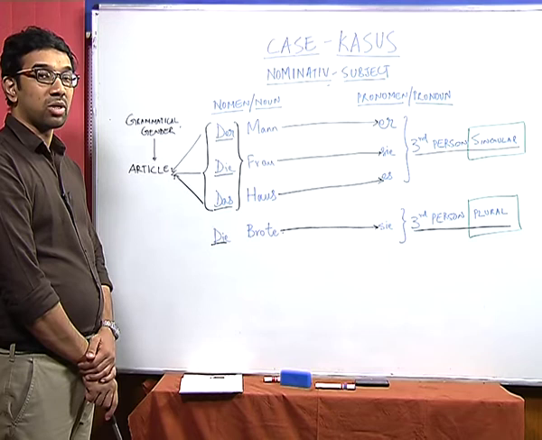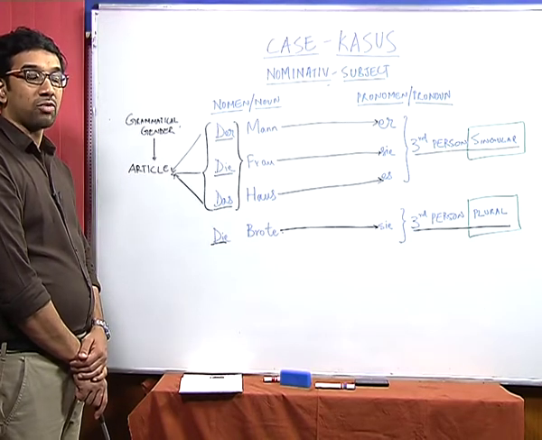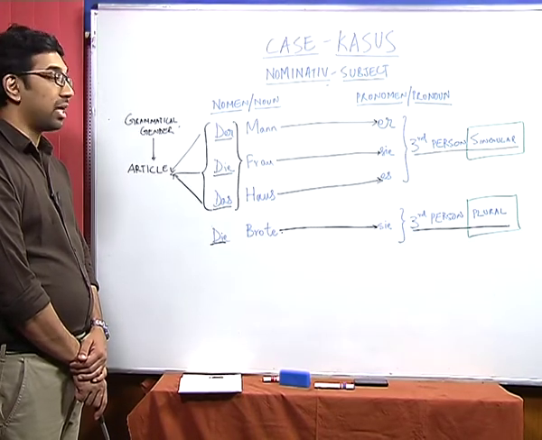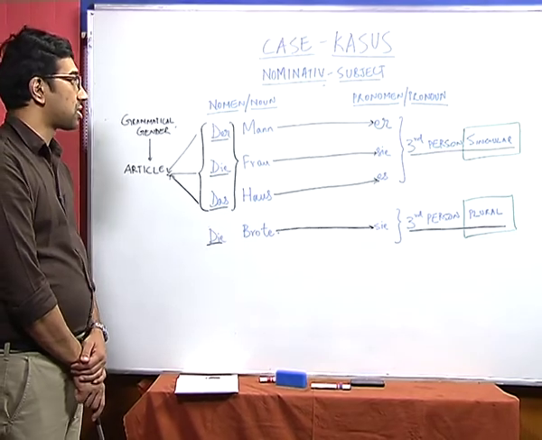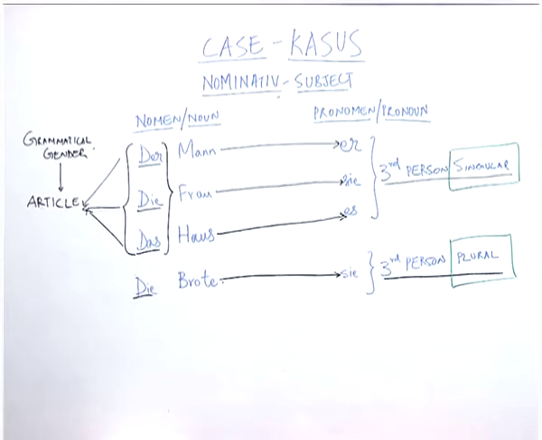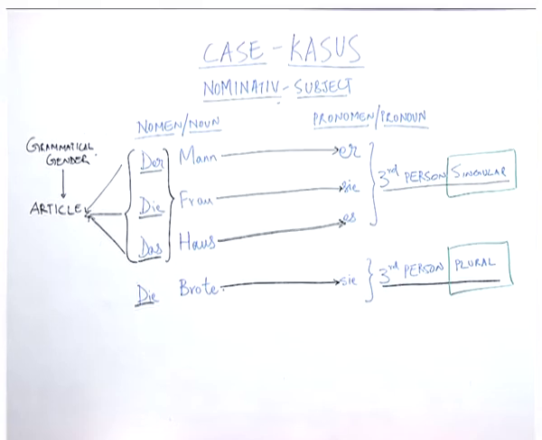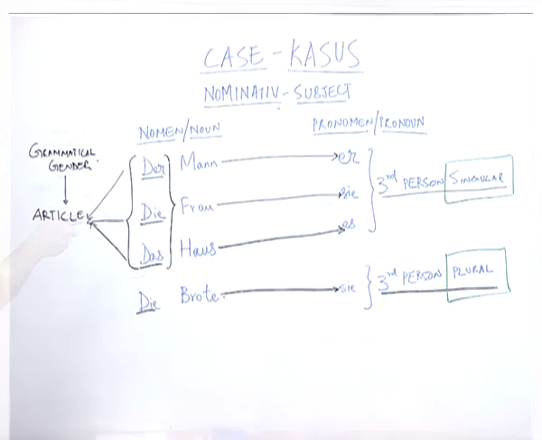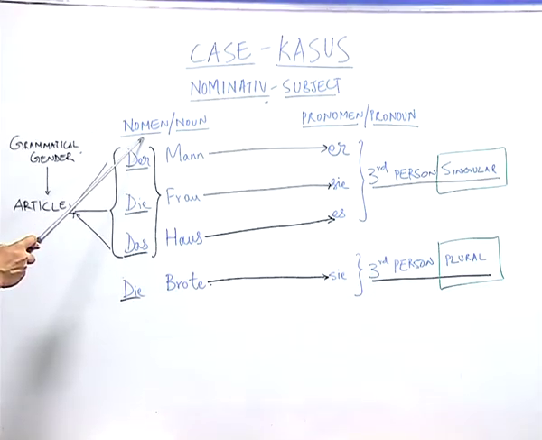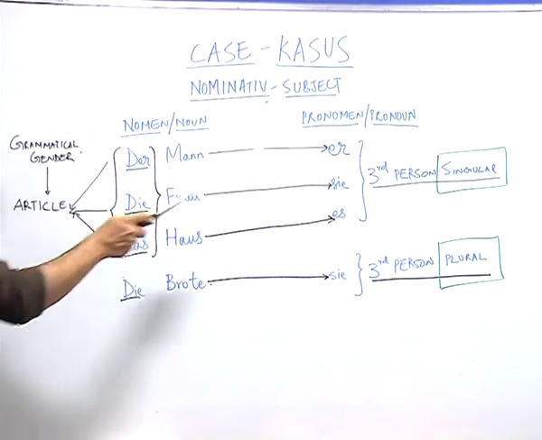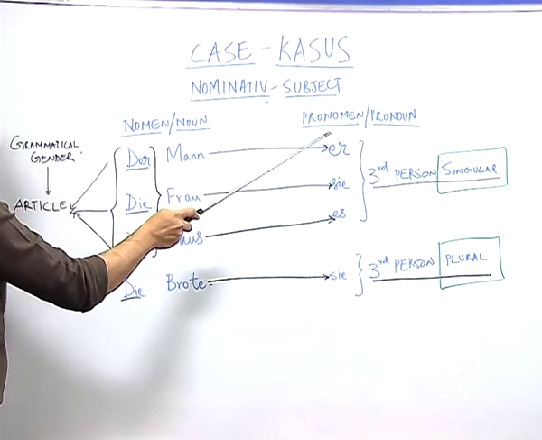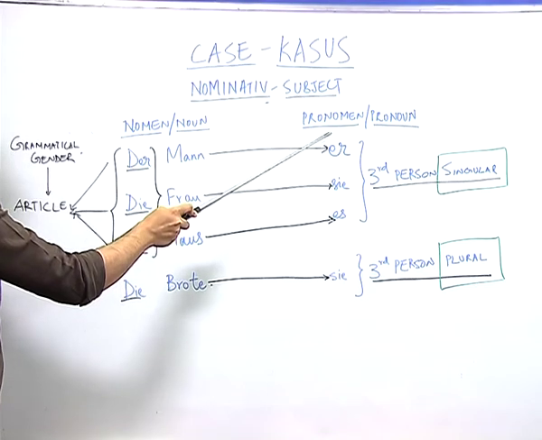Now, let us look at the classification of the noun and pronoun in the nominative case. In German, noun is known as Nomen and pronoun is known as Pronomen.